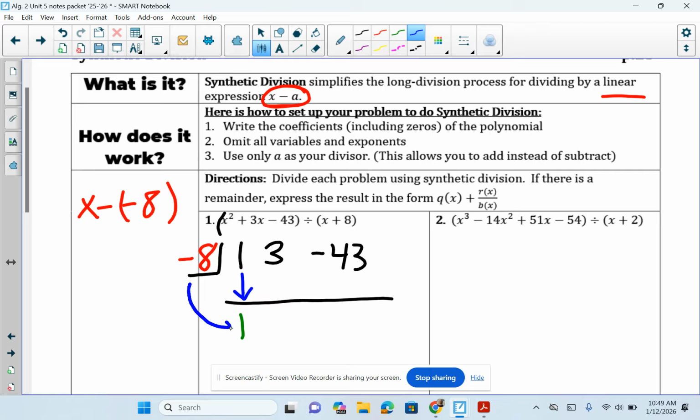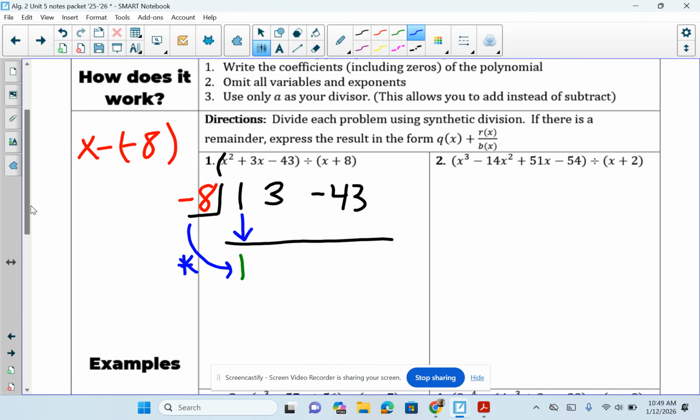You then multiply what's out in that box with what's down below. Negative 8 times 1 is negative 8. You put it right there. Now you are going to add these together. 3 plus negative 8, negative 5.